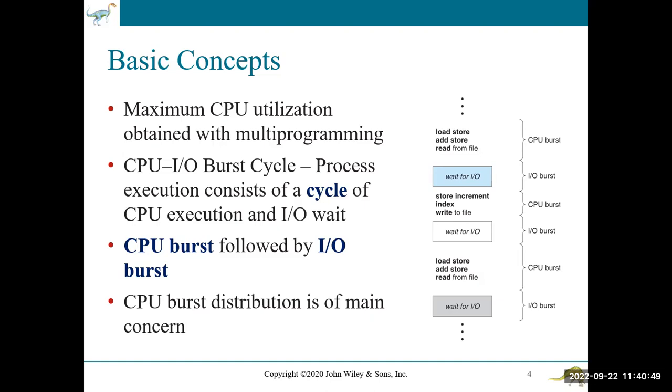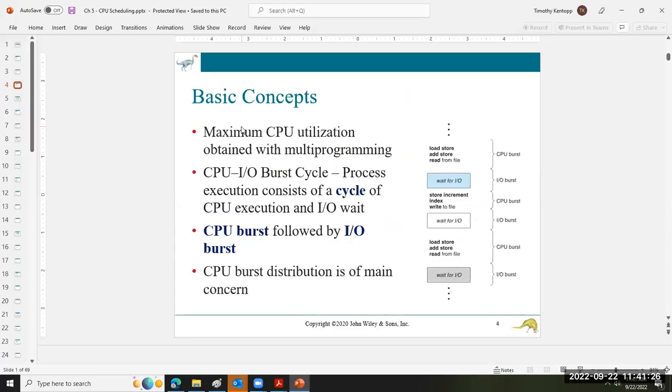Does anyone recall the simple resource you can use to get a quick gut level check on whether CPU scheduling is happening like it should? In a Windows system, what's the common resource you can use to take a look at CPU activity? Task Manager. Yes, thank you.